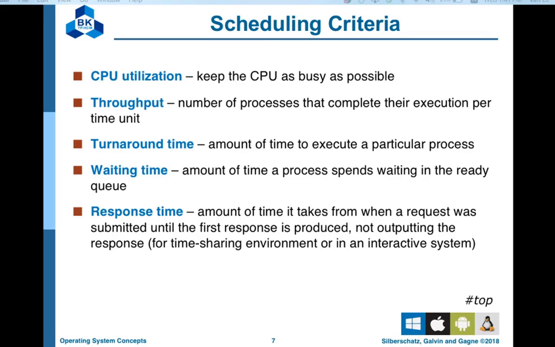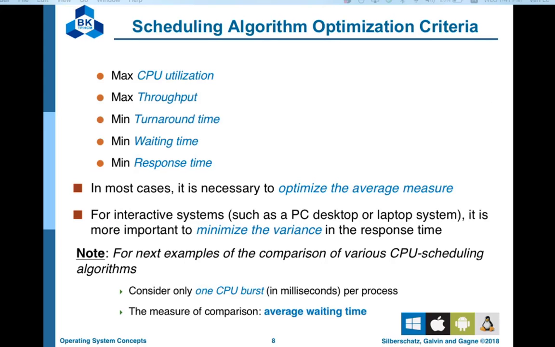Of course, we want to maximize the CPU utilization, because this is the objective of an operating system: keep the CPU busy as much as possible. The throughput, maximize. We want to minimize the turnaround time.